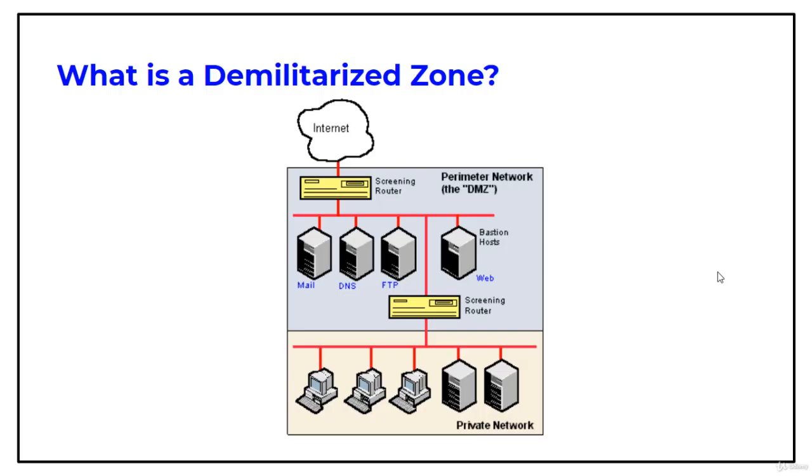Now, what is the purpose of DMZ? The DMZ network exists to protect the hosts most vulnerable to attack. These hosts usually involve services that extend to users outside of the local area network, and the most common examples being email, web servers and DNS servers.